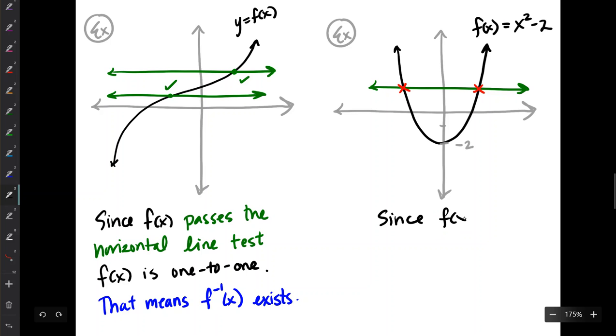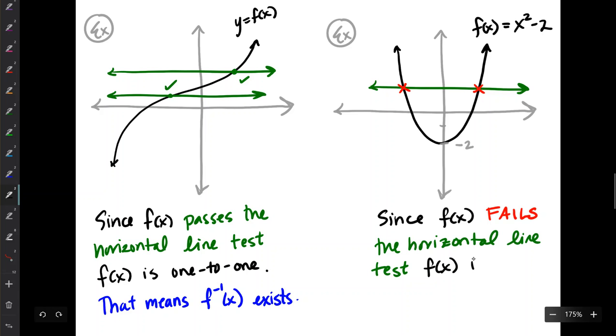Since f of x fails the horizontal line test, f of x is not what we call one-to-one.